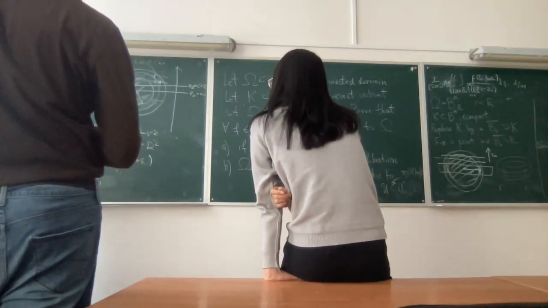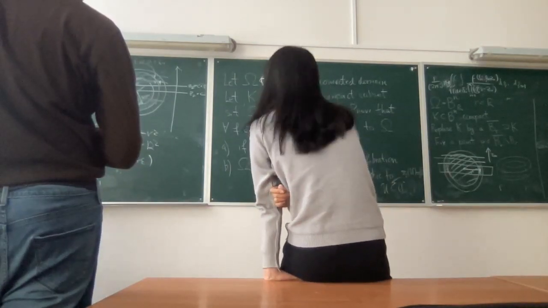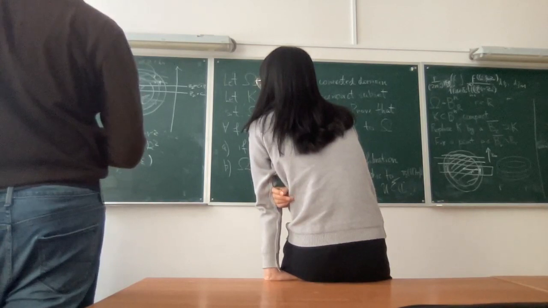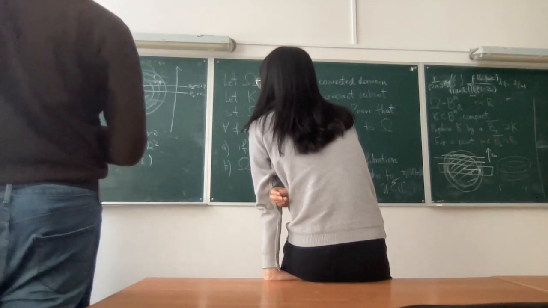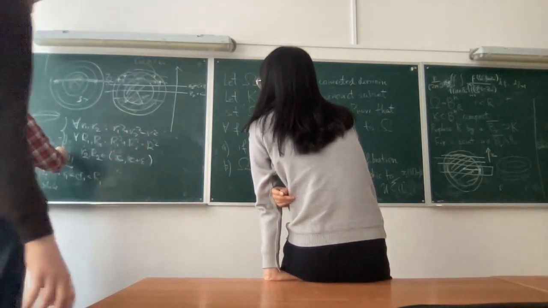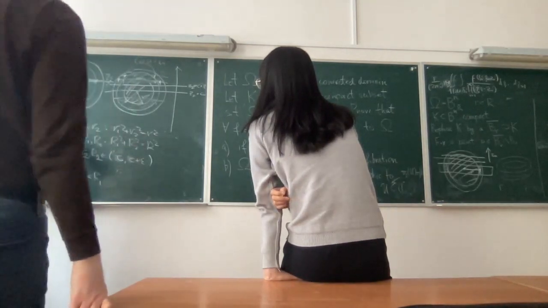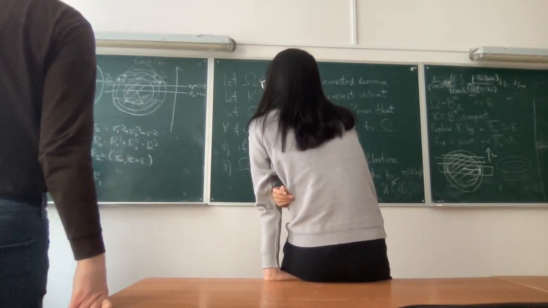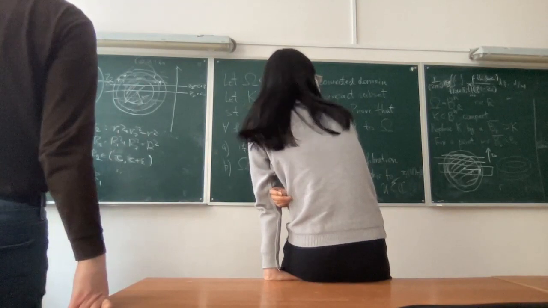Yes, that's it. And here you put f of Z1, Z2 over Z1 minus Z1. That's it. A priori, this guy is not holomorphic. But in fact, it is holomorphic.